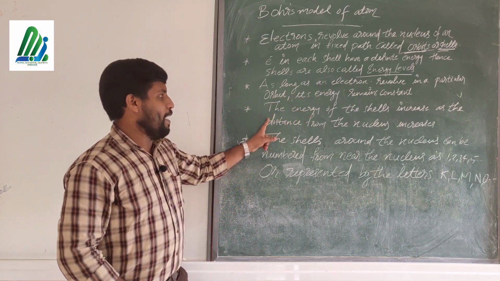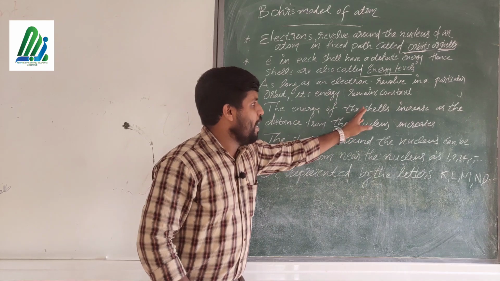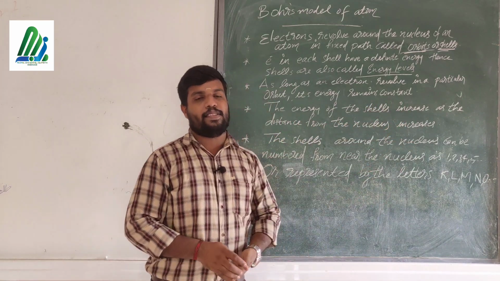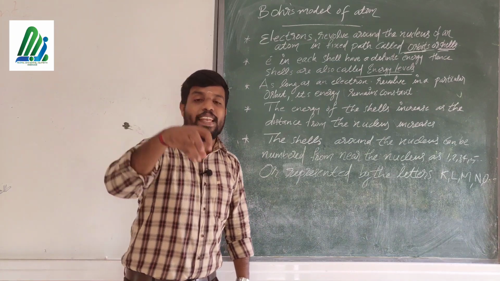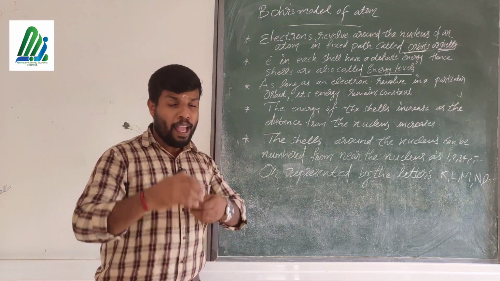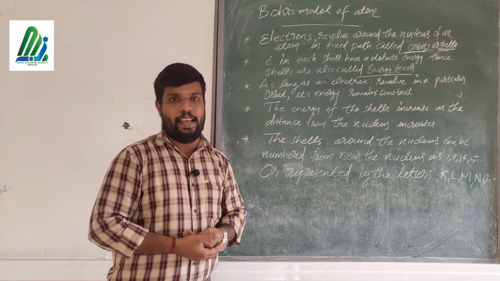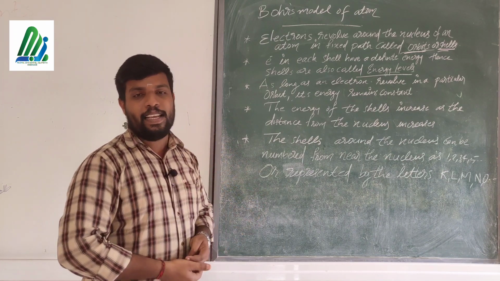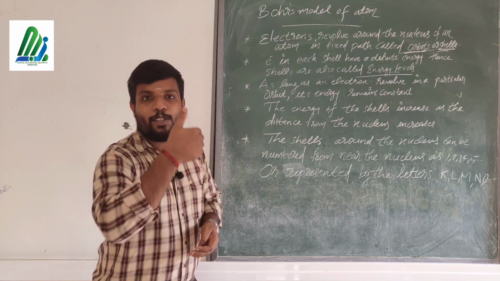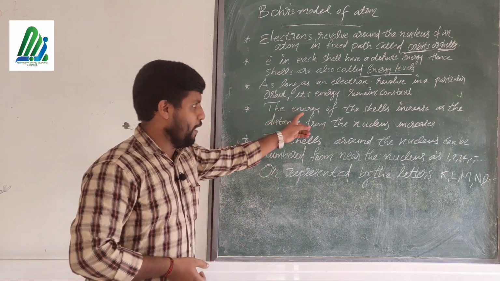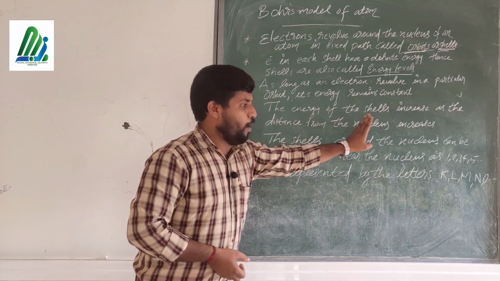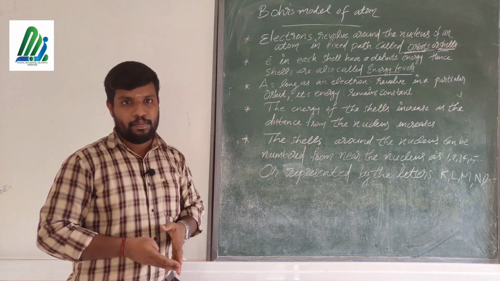Then the fourth point is that the energy of the shells increases as the distance from the nucleus increases. The nucleus is the center part of an atom. Around the nucleus the shells are there. When the distance of the shells from the nucleus increases, the energy also increases.